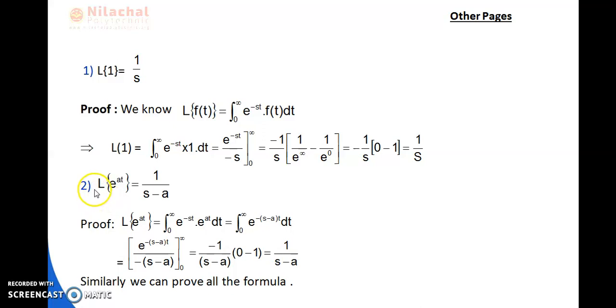Another formula, Laplace of e to the power at equals 1 by s minus a. So its proof: Laplace of e to the power at can be written as integration 0 to infinity e to the power minus st e to the power at dt.